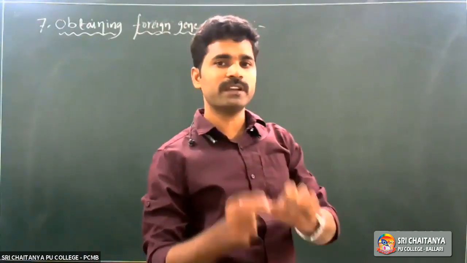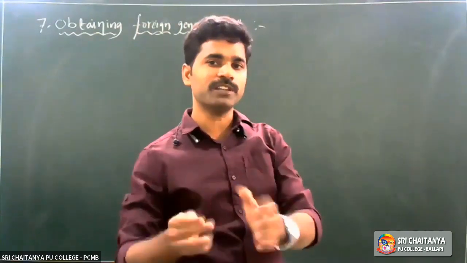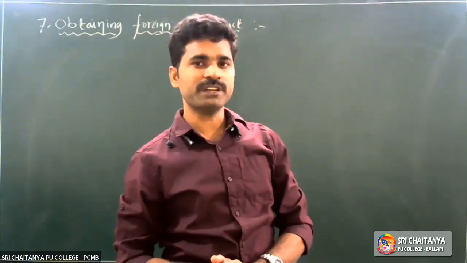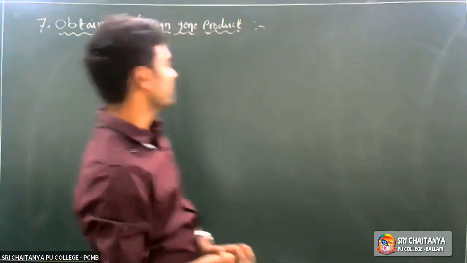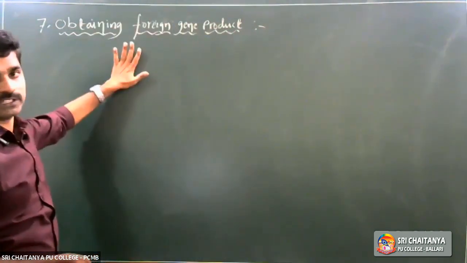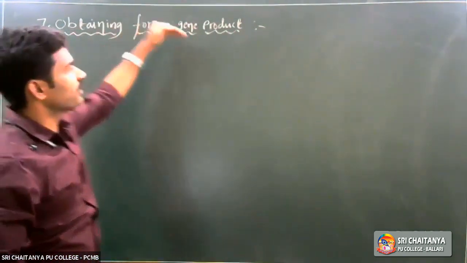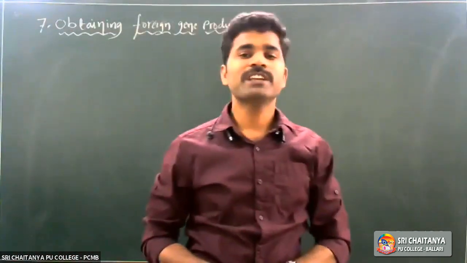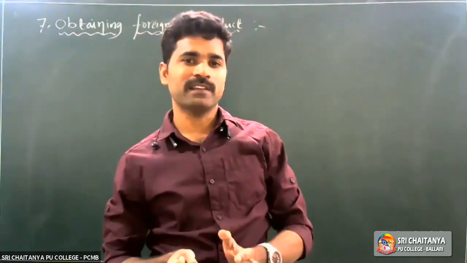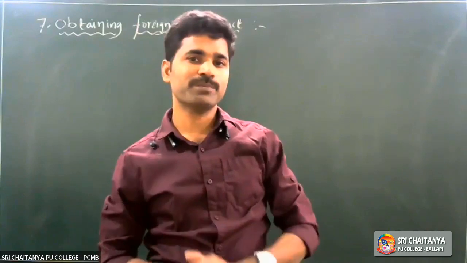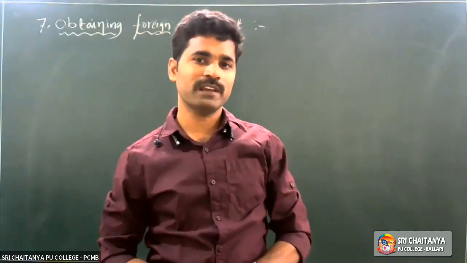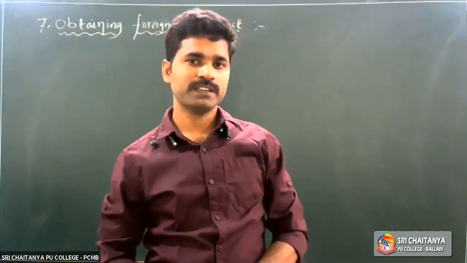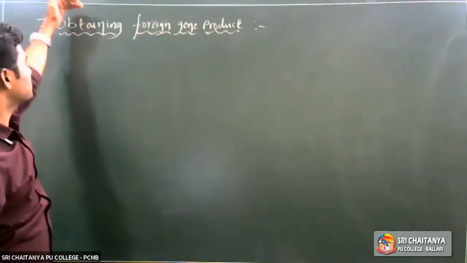Those recombinant bacterial cells are cultured on the nutrient medium, right? So that step is not there in NCERT, but it is better to write. So before obtaining foreign gene products, we need to culture bacterial cells on the nutrient medium in large vessel-like structures, right?